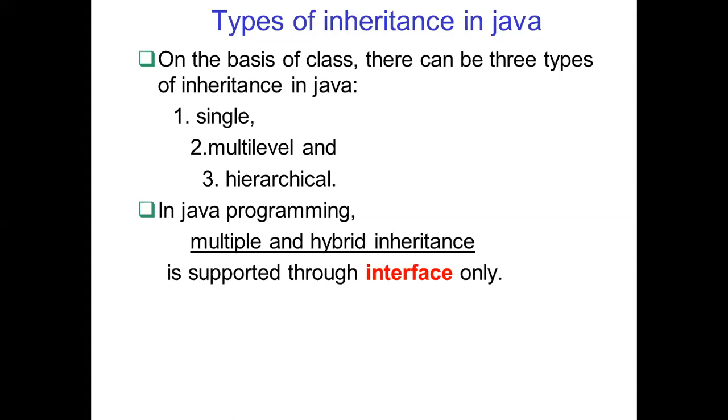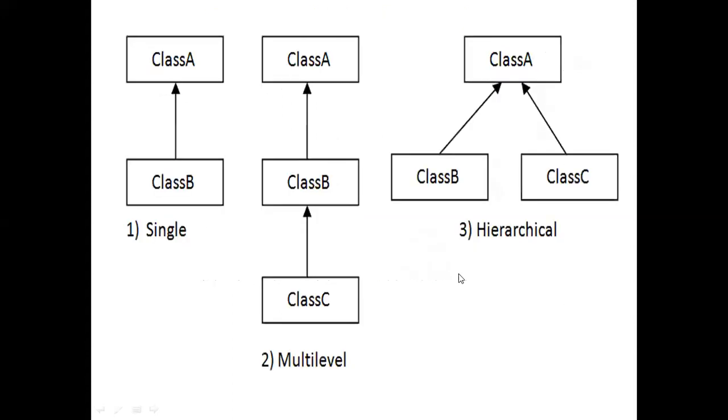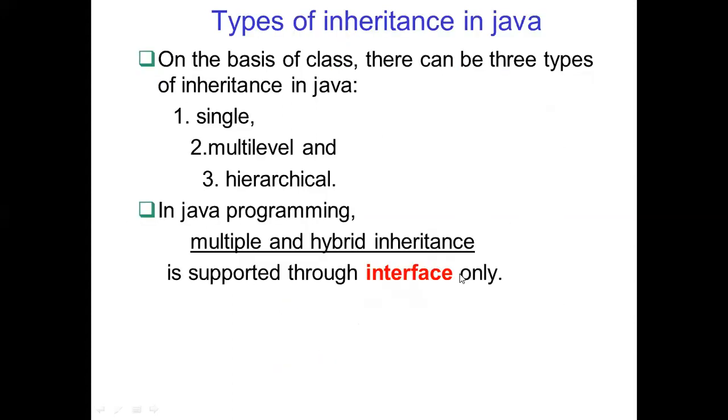Multiple and hybrid inheritance are supported through the concept of interface, as you see in red. It's not supported directly in Java, whereas C++ supports all five types directly.